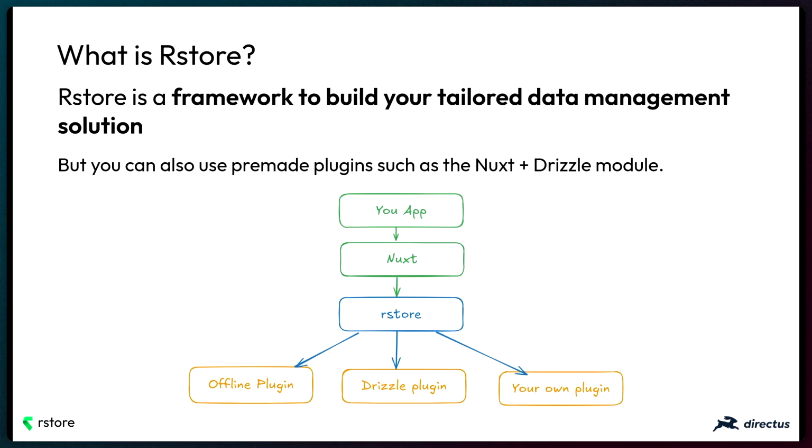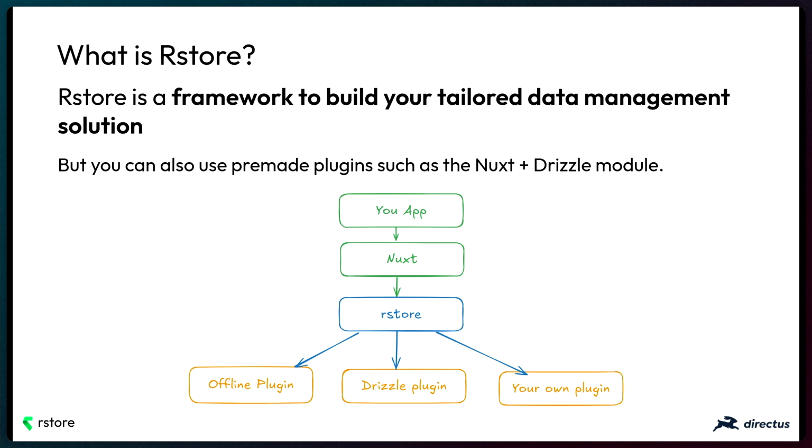So rstore is a little bit different from the other libraries because I view it more as a flexible framework to build a data solution. The main thing I started when building rstore was to create a plugin system.